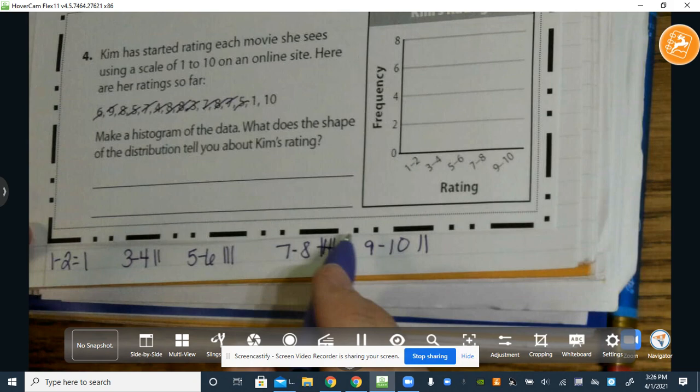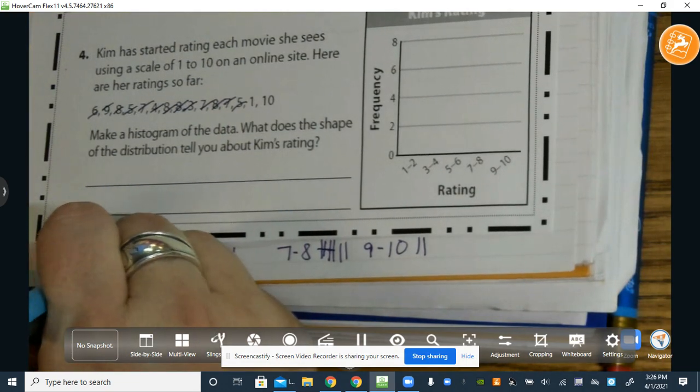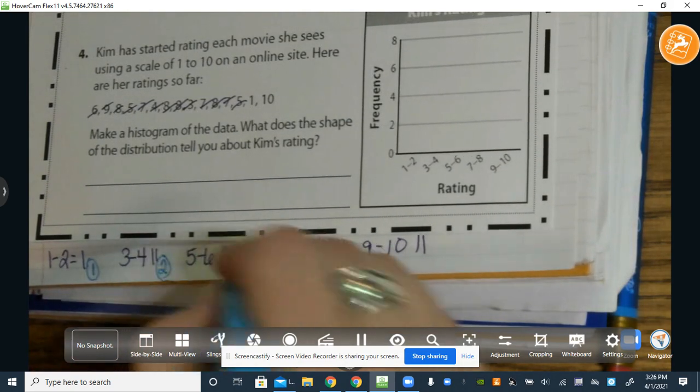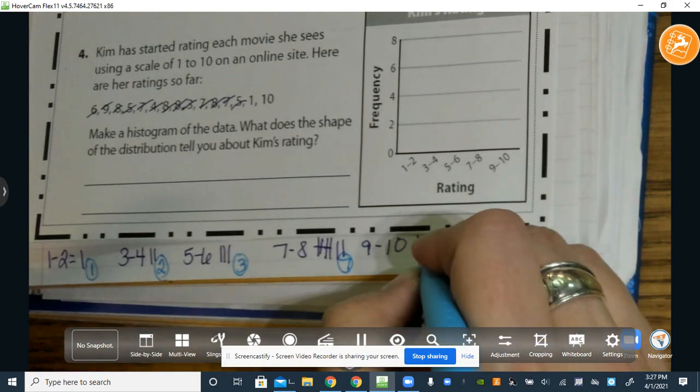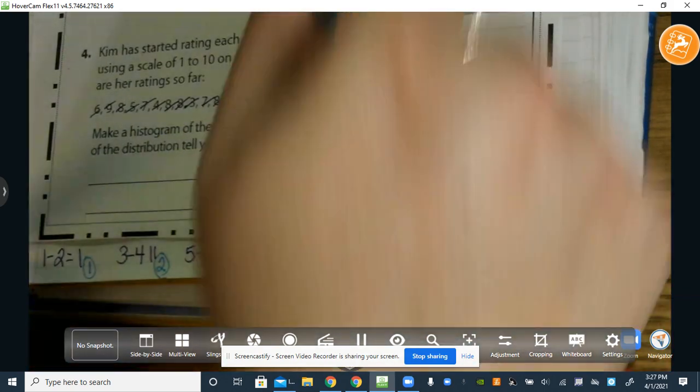So now I have my tally marks. Now I'm going to write, okay, so that would be 1 movie that was there, 2, 3, 7, and 2. Okay, now I'm going to make a bar graph.